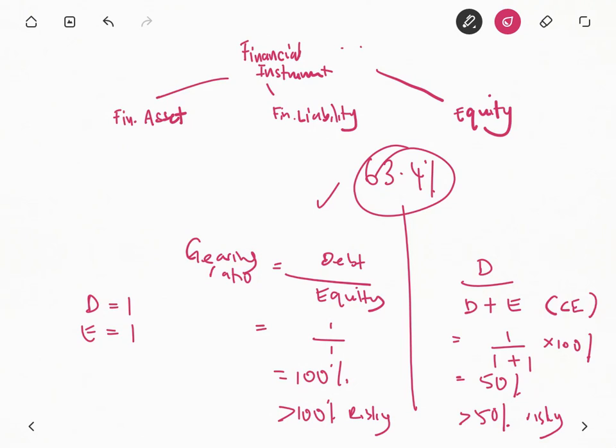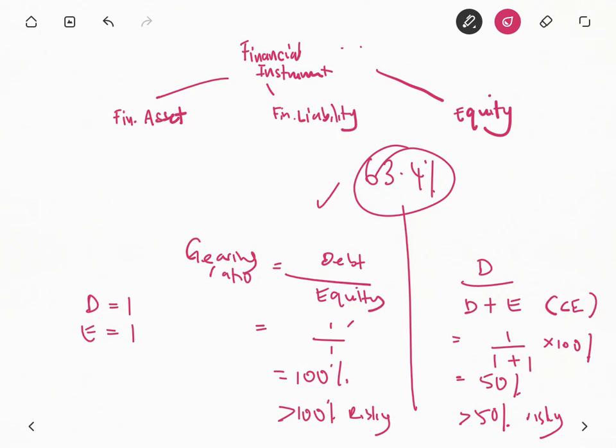So the shareholder puts in $1, and I have a debt of $1. It means the debenture holder, if you lend my company $1, your $1 is not a worry because I have $1 to cover. The shareholders are the last to be paid. That's why it's enough, so 100% is considered reasonable. Clear? The last person to be paid has $1, and you have $1, so your debt is not very high because it's enough to cover.